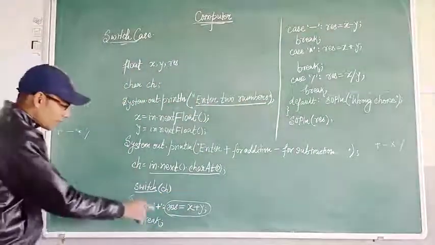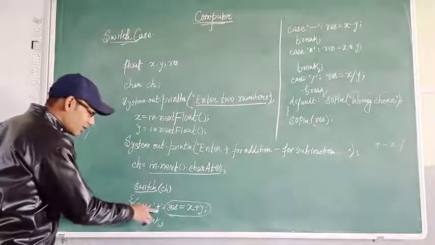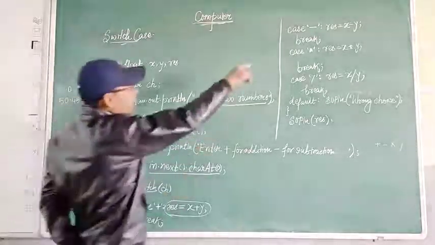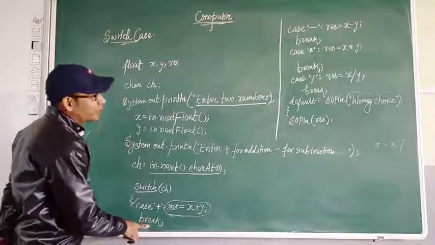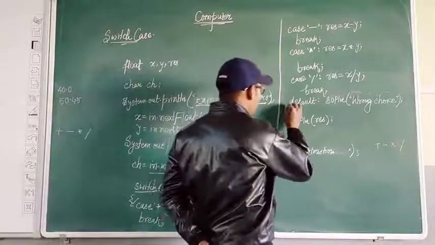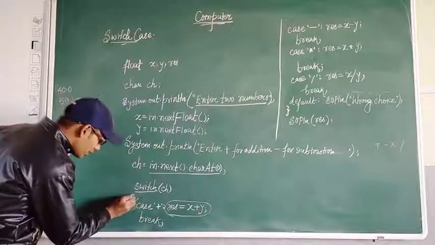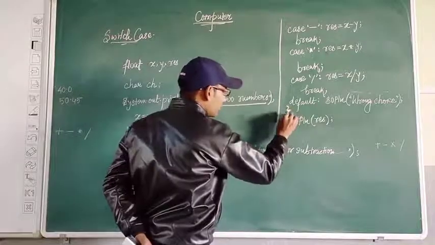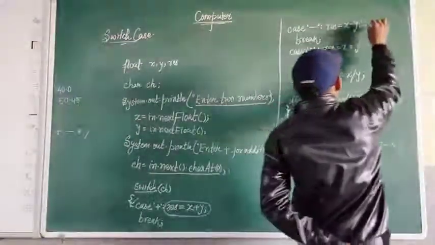As soon as this particular case is matched and executed, there is no need of going inside all the rest. Break will be executed and it will come out of the boundary limit of the switch. This is the initial boundary limit and this is the final boundary limit. As soon as break comes, the remaining part will not be executed.